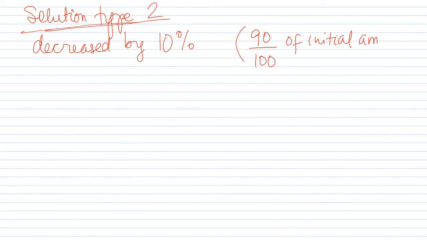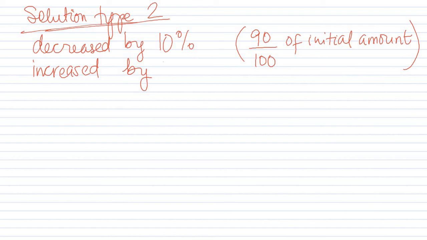amount. So it's not going to be 10% and then take away from the new amounts, but you reduce from the initial. Just say 90% of the initial amount. For example, if you're told something decreases by 20%, that means it is 80% of the initial amount. If they say something increased, and this is for percentage style questions, right?